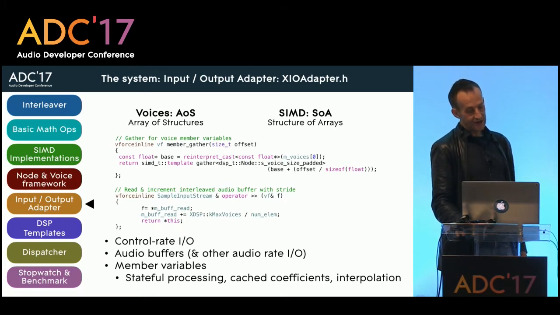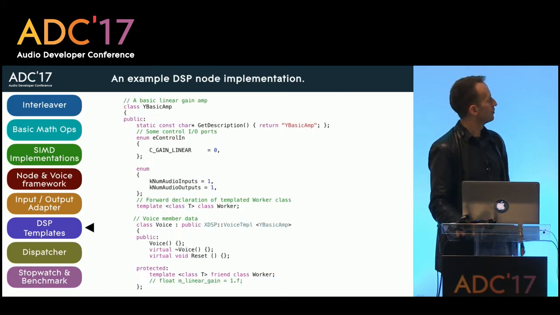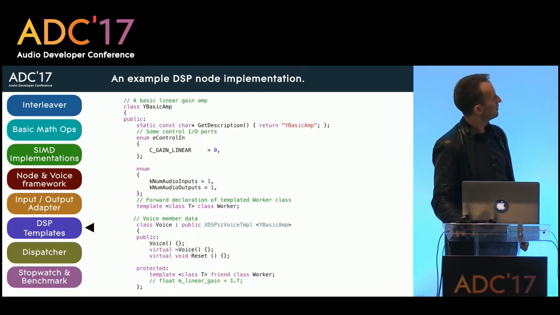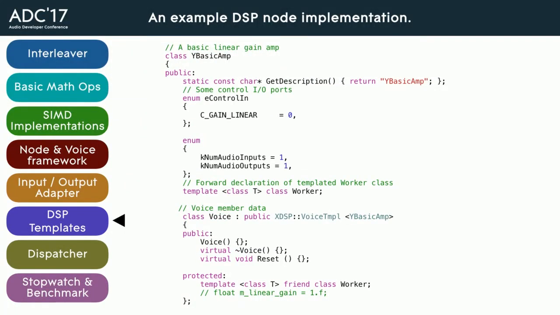So when we finally get to write some DSP code on top of this, we end up with something like this. This is your declaration for a very basic linear amplifier. For those of you who are familiar with the VST SDK, this is the gain plugin, the hello world of audio DSP architectures.